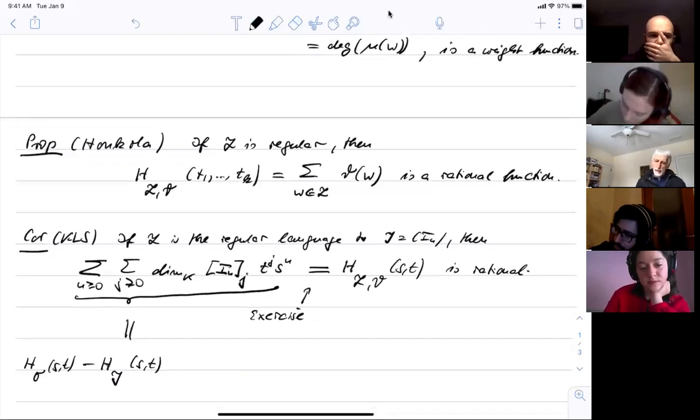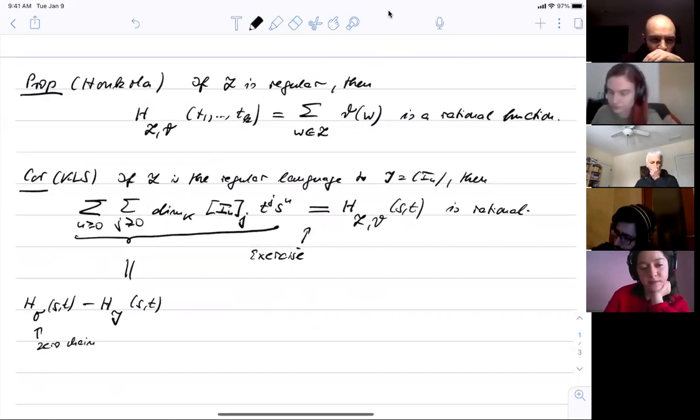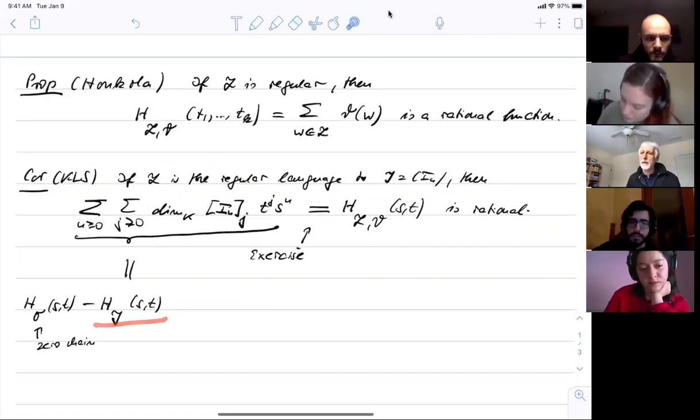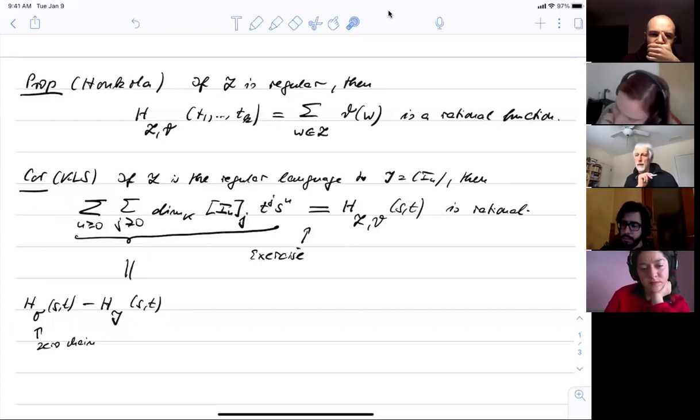So as a reminder, this is just the zero chain. We computed this and we set out, we wanted to compute this Hilbert series. So since we know this one, computing this one is equivalent to computing this formal power series.